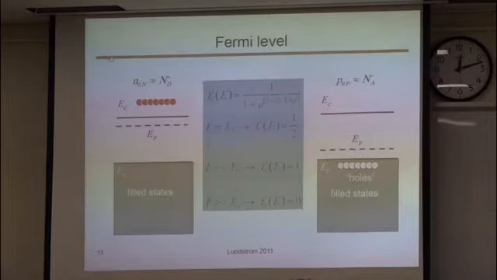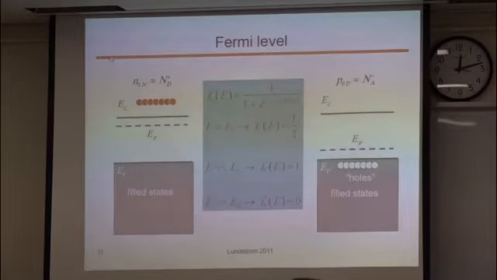So as I mentioned in the previous slide, Fermi level defines this. The Fermi level is defined by the function f, which is described here, but I will not discuss the equation in detail.